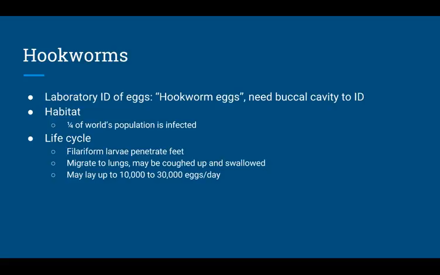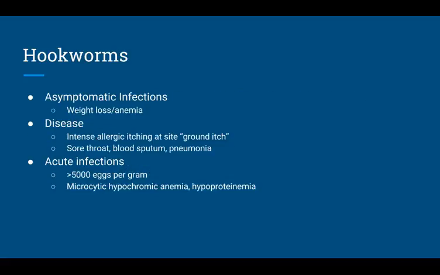Most patients have light infection and they only have a little bit of weight loss and anemia. The patients can have an intense allergic reaction at the site where the organism went in, and this is called ground itch.